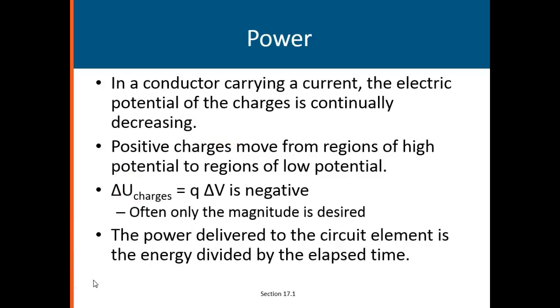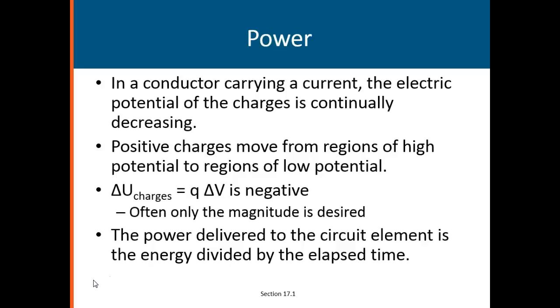All right. Now, the change of potential energy, delta U, of the charges is, remember, Q times delta V. How I remember this is voltage is energy per charge, so their energy is charge times voltage. Now, that means the change here is negative because the charges are moving in the direction to decrease the potential.